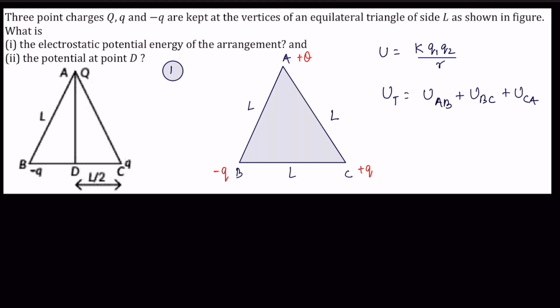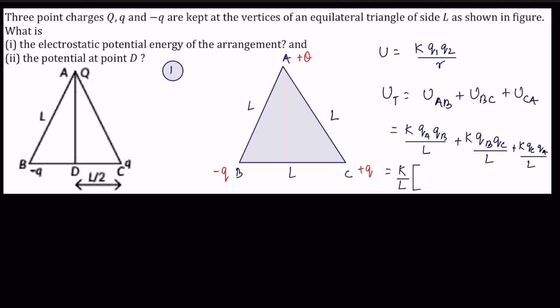If we substitute the values, it is K QA QB by length L, plus K QB QC, again the same length L, plus K QC QA by L. So we can take K common and L also common.